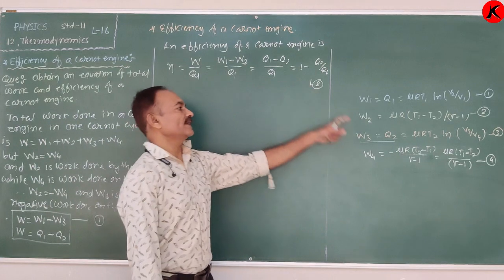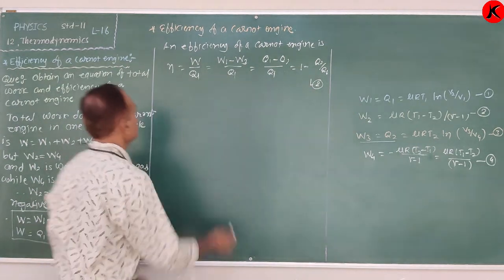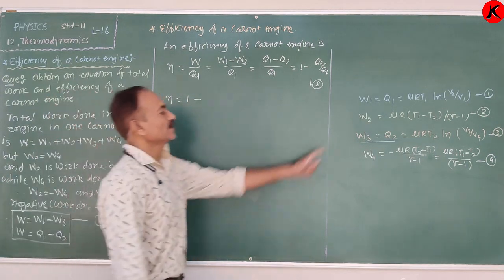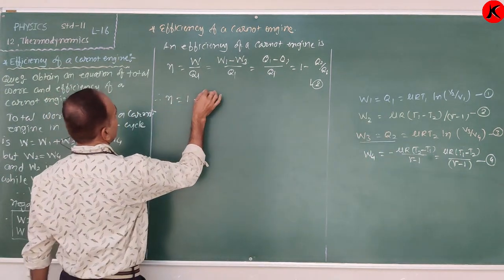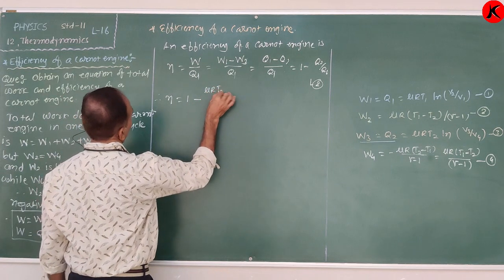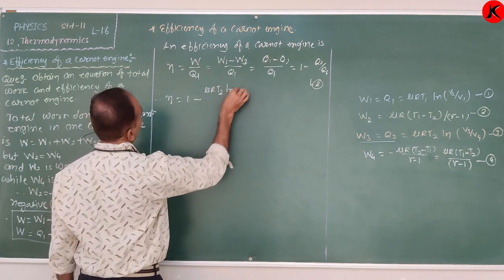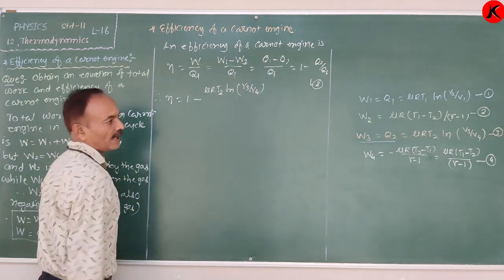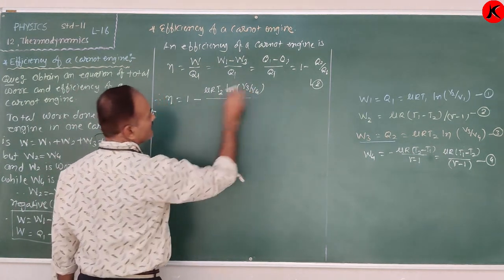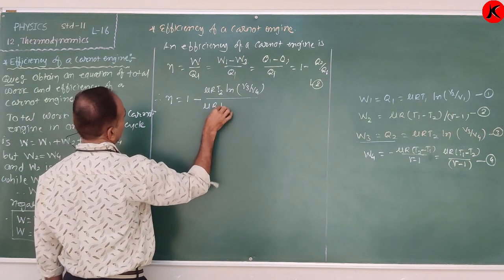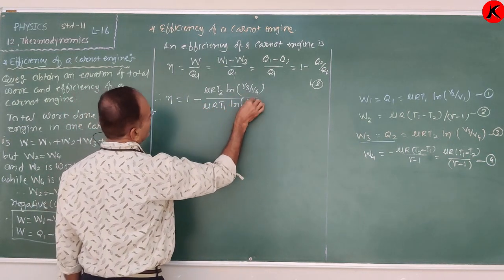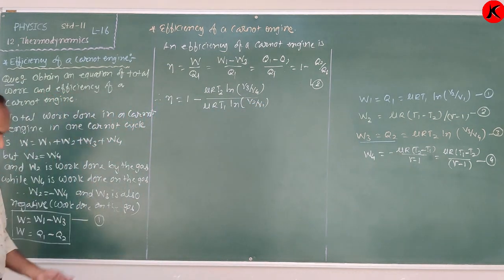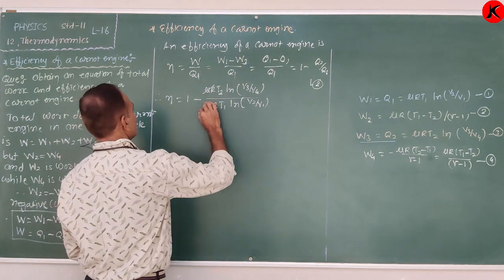Substitute the value of Q2 and Q1. Therefore, efficiency N is equal to 1 minus Q2, where Q2 is mu R T2 Ln V3 upon V4, divided by Q1, mu R T1 Ln V2 upon V1. Now listen, mu R cancel.